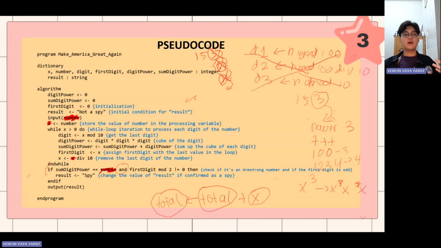And for the condition of the while, you learn more here. The iteration condition is not always i equals i plus 1 or i equals i plus 2. It's not always like that. You can do x equals x div 10. Someday you will get x equals x div 2, maybe. Someday you will get that, okay?